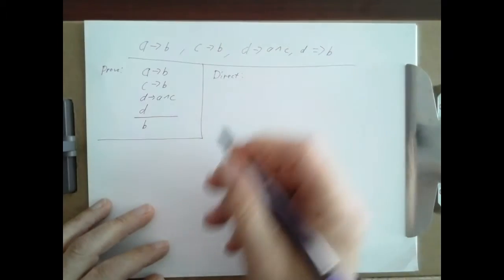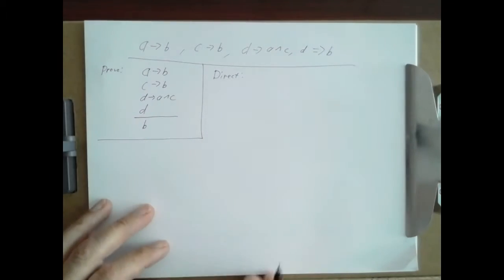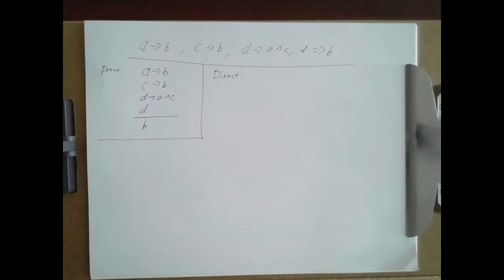So you got any thoughts on this? Like what's going to go together with each other in here in a way that's going to possibly help us? We're trying to prove B in the end. There's only 2 things we're given that lead to B. That's those first 2 statements.